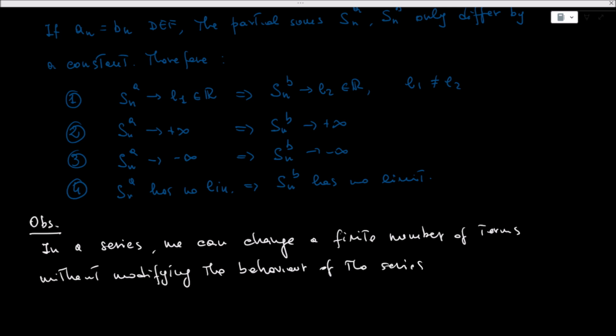And this is clear because, as we just proved, changing only a finite number of elements in a real sequence an, which of course implies also changing a finite number of terms in the partial sums, doesn't change the general behavior of the sequence.